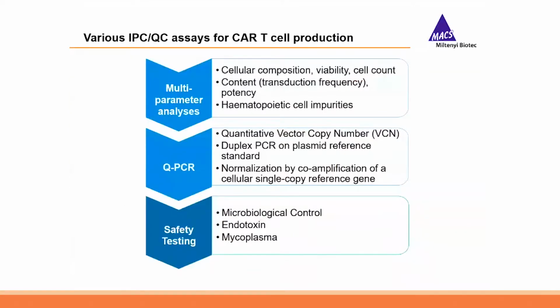And so when it comes to IPC, QC, there's different areas that include multi-parameter analysis, also things like qPCR, and then maybe the most important area, the safety testing for microbiome, for endotoxins and mycoplasma.